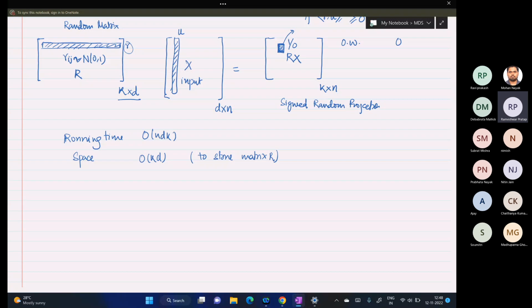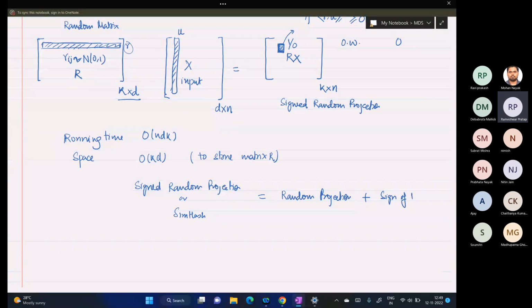So in layman's terms, you can just view this signed random projection as random projection or SimHash. So they are basically two names of the same algorithm. It's nothing but random projection plus the sign of the corresponding entries.